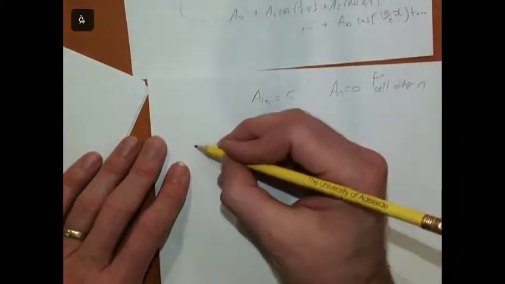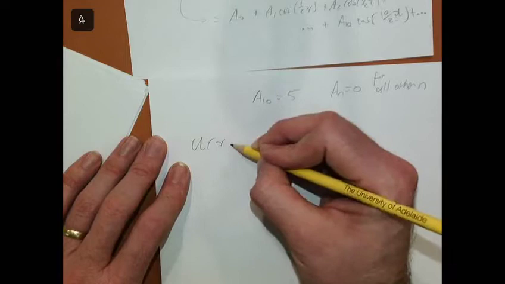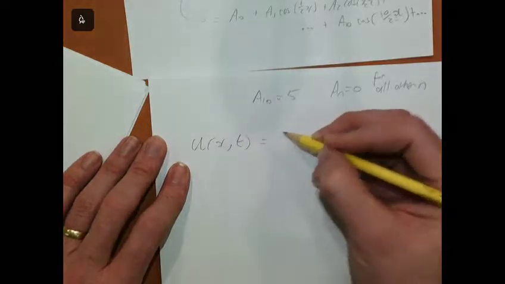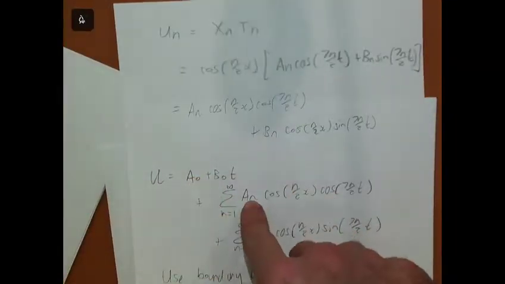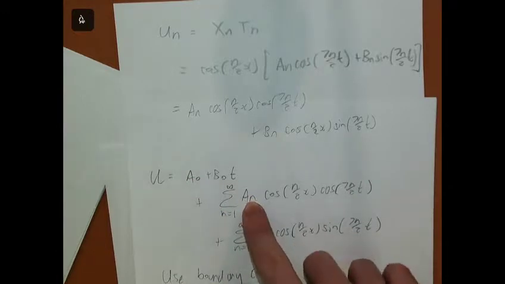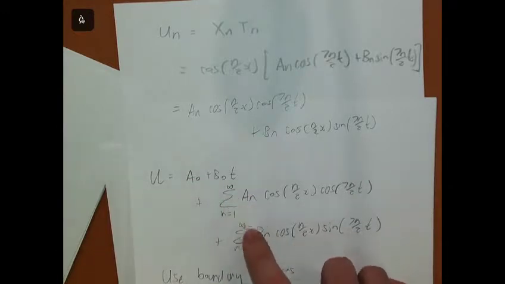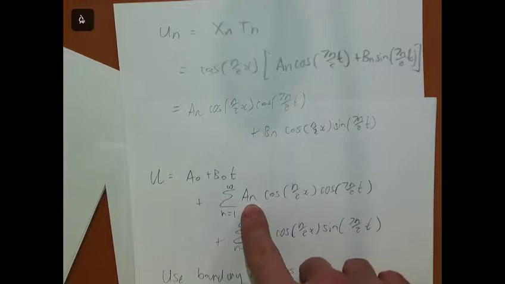So it turns out that actually my u of x, t, let's just go back to here, the a0 is actually 0, and all of these an's are 0 except a10, so it's not really a sum of infinitely many things. It's just the 10th one.